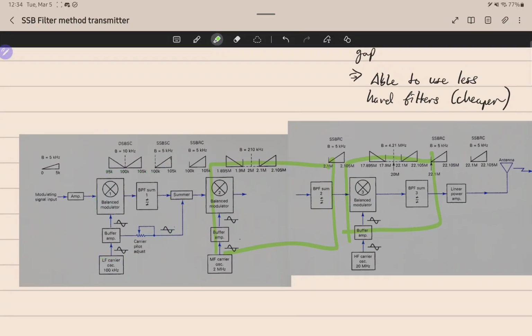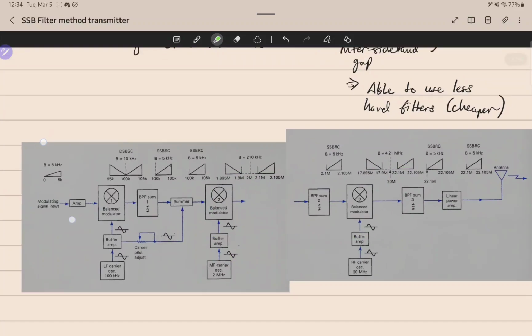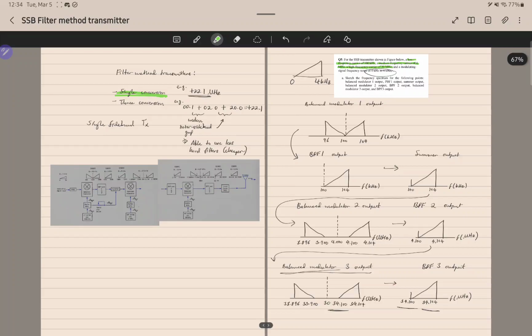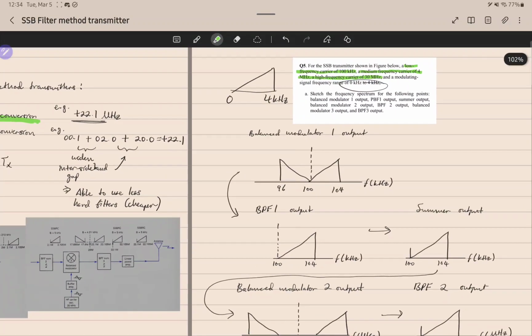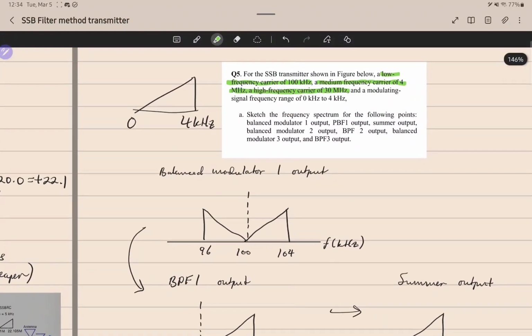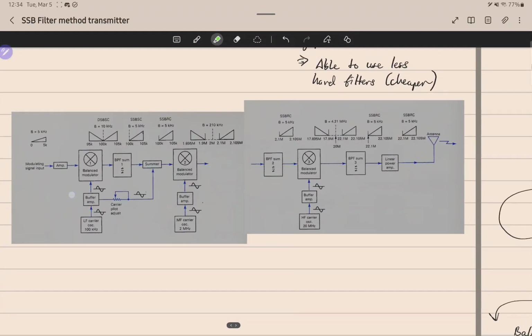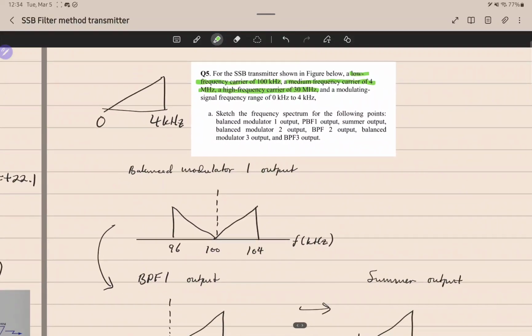Okay, so let's go one by one. I guess the best way to go about this is to look at a sample question while referring to the circuit. So this is your sample question. We're going to ignore the values from the figure here, and use the values from the question instead, which means the frequency is going to be split into 3 frequencies that we're going to add up.